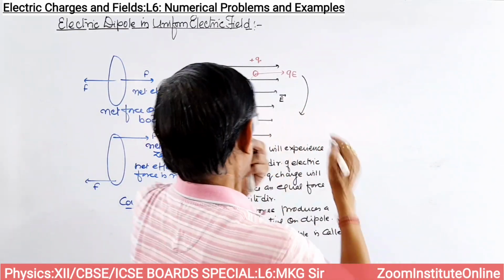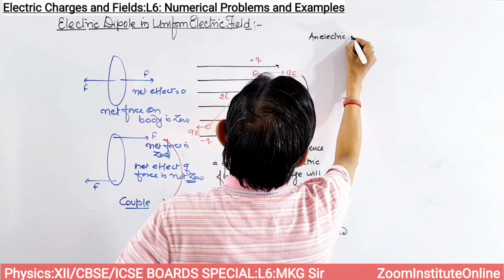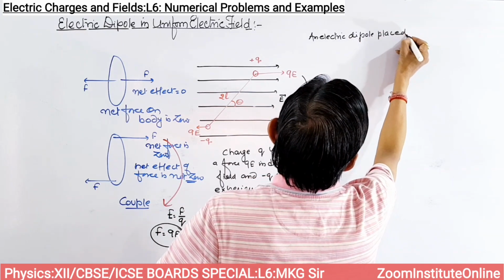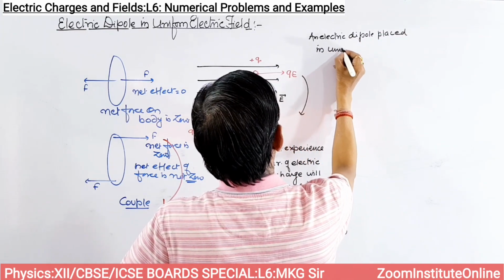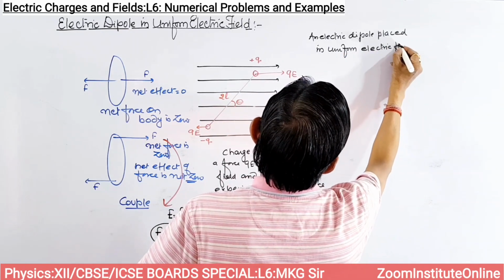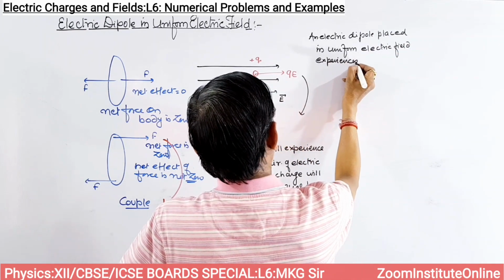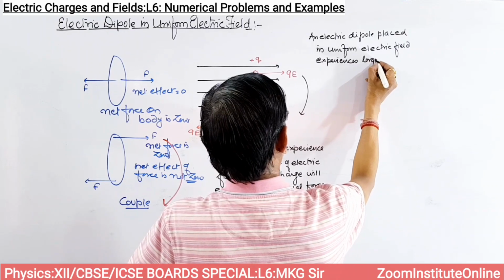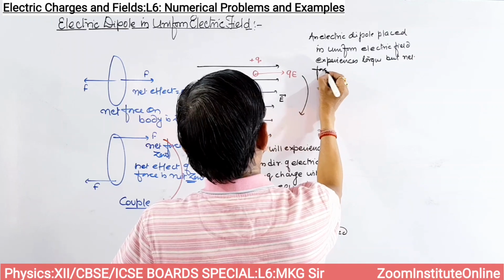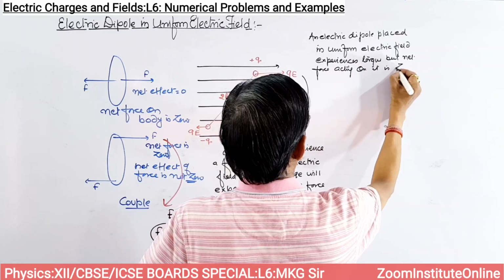So, we can say an electric dipole placed in uniform electric field experiences torque, but net force acting on it is 0.